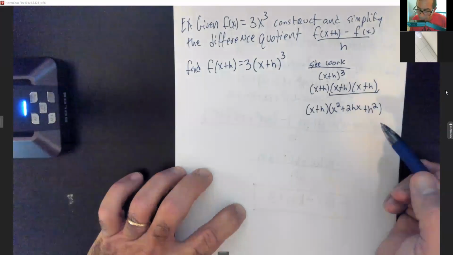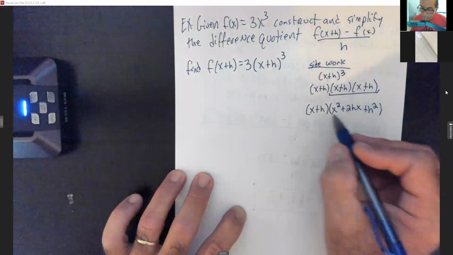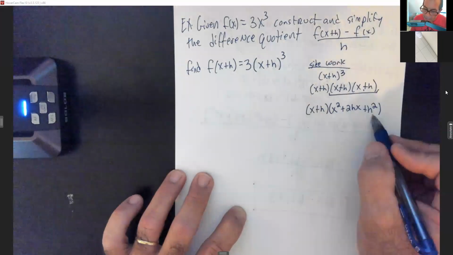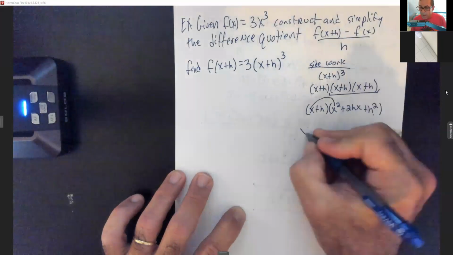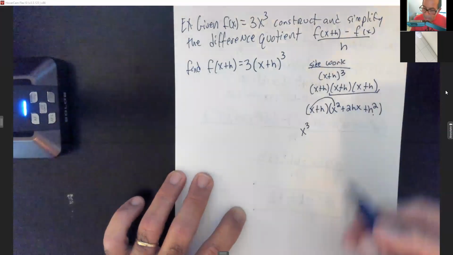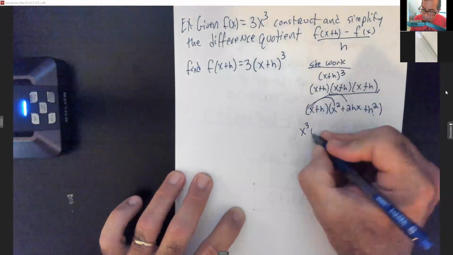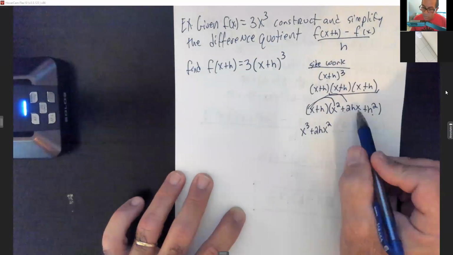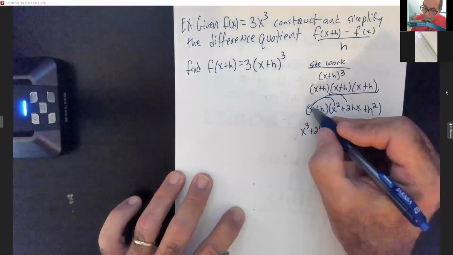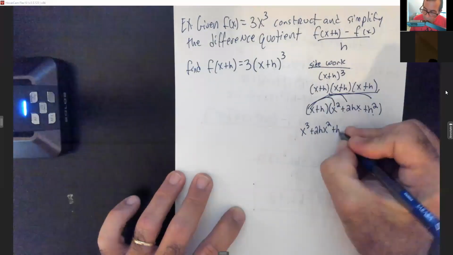Now I've got to take these two terms and multiply by all of these. So the x times x squared will be an x to the third. X times 2hx is a 2hx squared, so I added 1 and 1 and got 2 on those. X times h squared is just an h squared x.